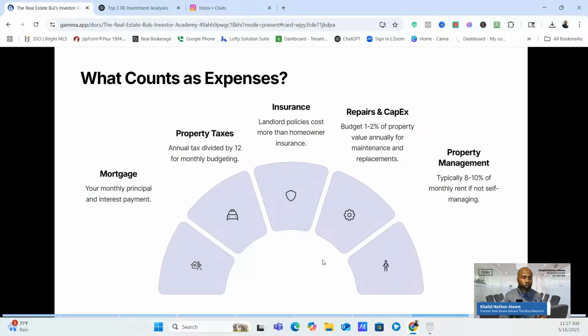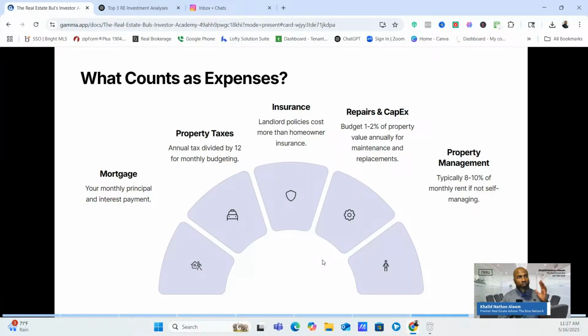You want to budget 1 to 2% of the property value annually for maintenance and repairs, because this can kill your income. For example, if you have an HVAC system and the HVAC system goes out, and this has happened to me, and you have to replace it, that's $5,000 right there.